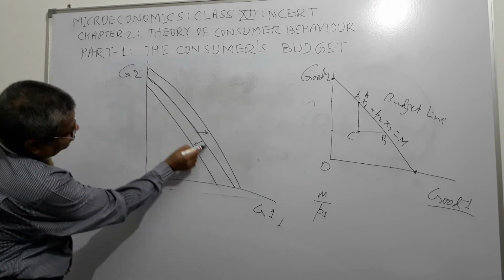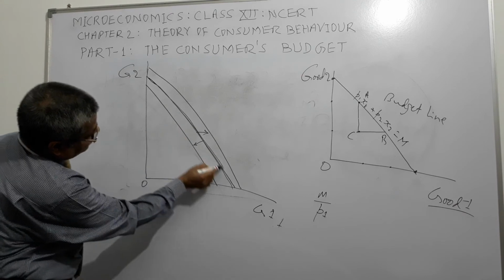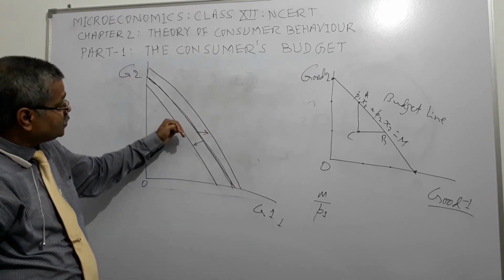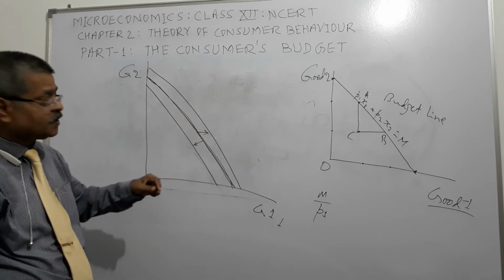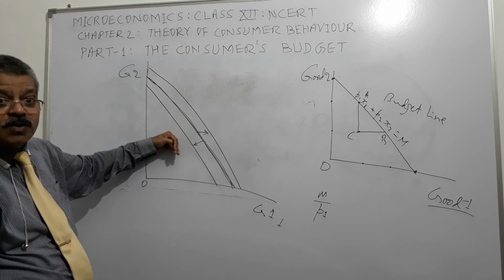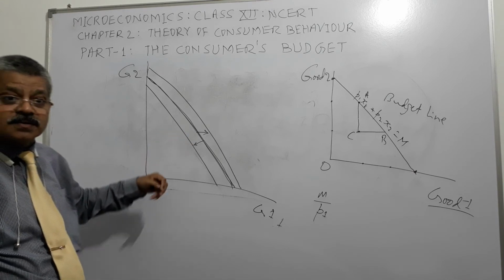This is the original budget line. If my income increases, I can buy more, so the budget line shifts outward. If my income goes down, the budget line shifts inward because I can buy less.